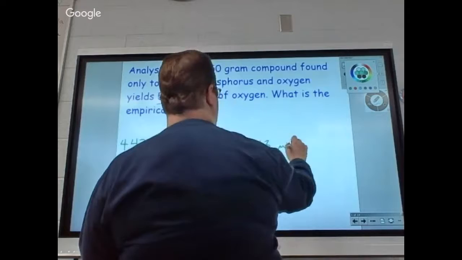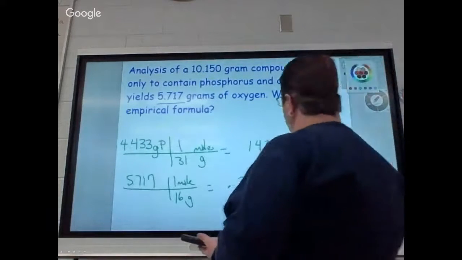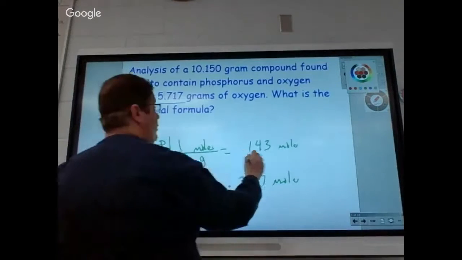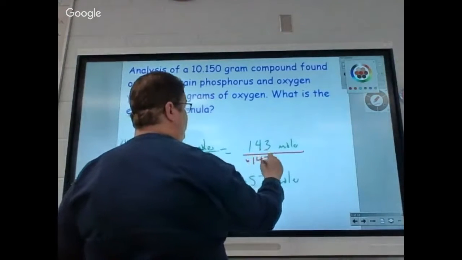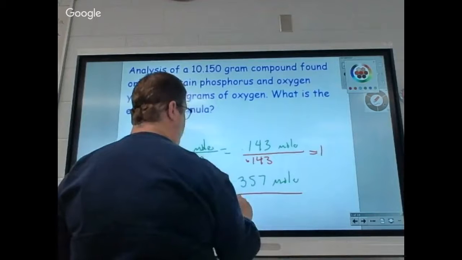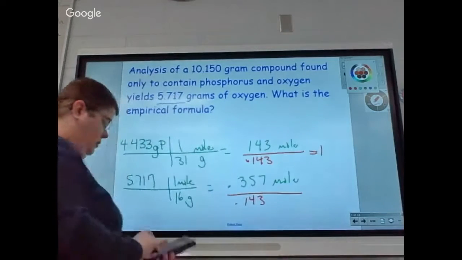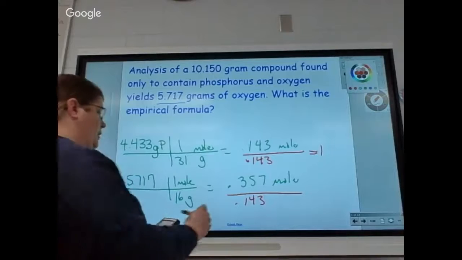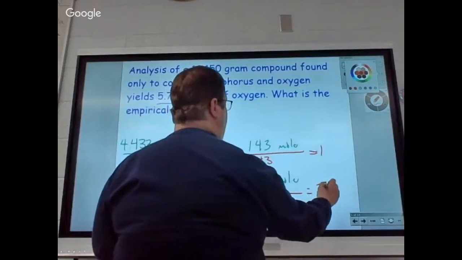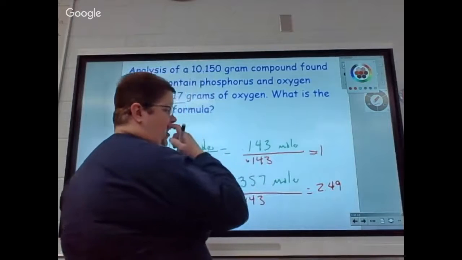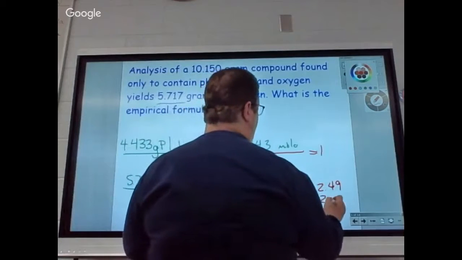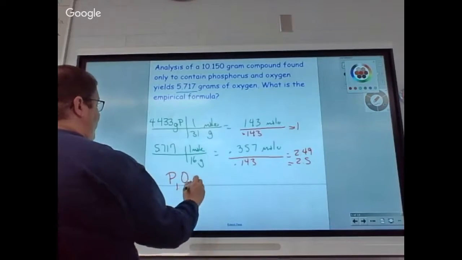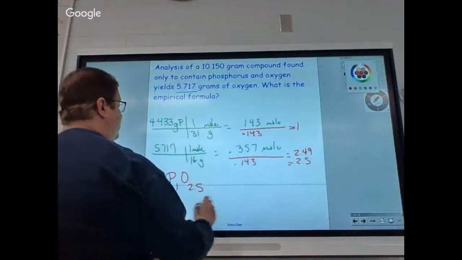All right, who is the smallest out of those two? 0.143, so I get 1 for phosphorus, and 0.357 divided by 0.143, and I get 2.49. 2.49 is the same as what? 2.5. So when I write my formula, I have P1 O2.5, and I do what with that?